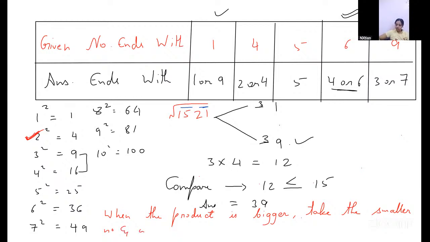And when the original number is bigger, or when the product is smaller, then take the bigger number. Okay, understood how we choose the answer?